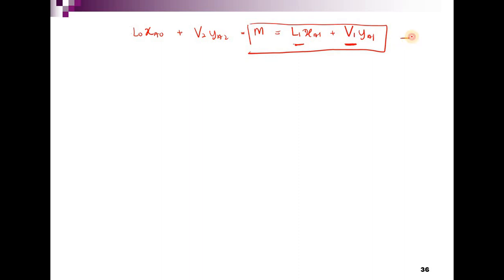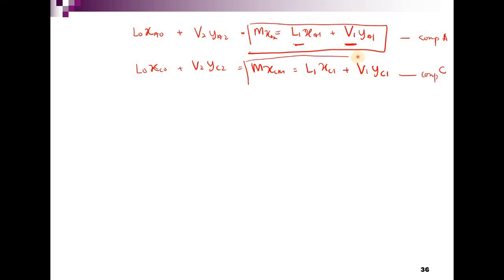This is on component A. On component C, L0 xC0 plus V2 yC2 is equal to M xCM, equal to L1 xC1 plus V1 yC1.